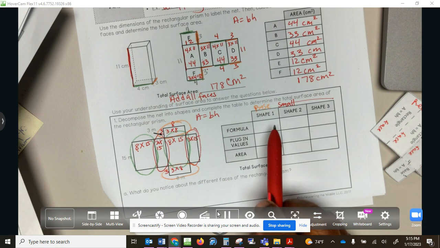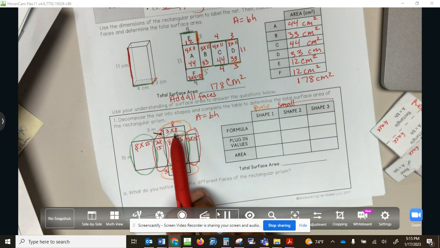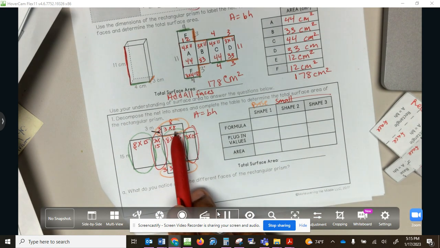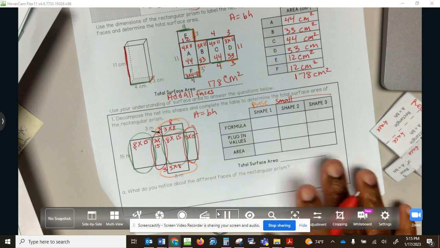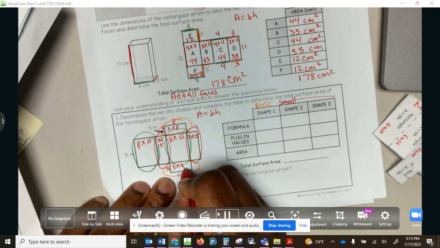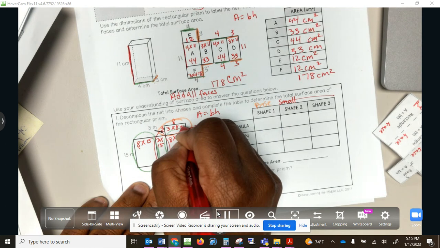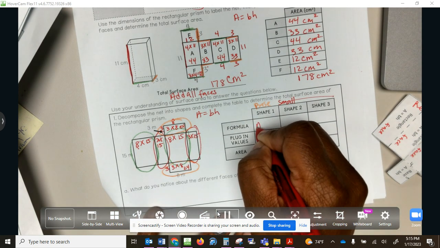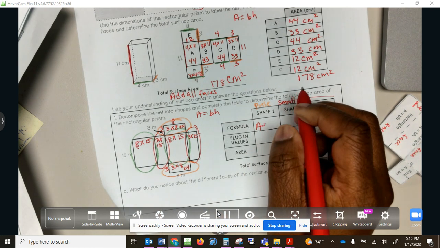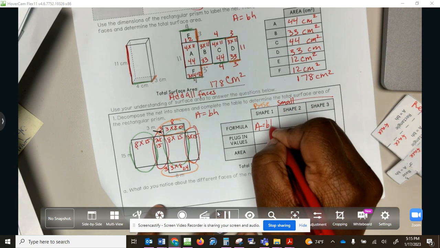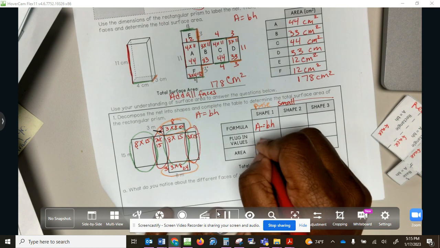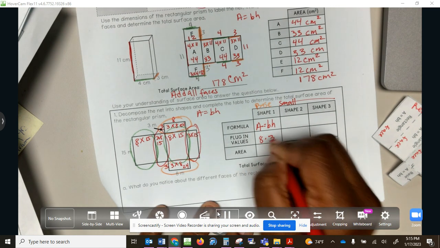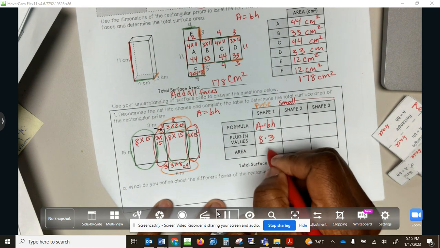And so when we think about the base, it is 8 times 3, which is 24. So each one of these is 24. So for each base, we're looking at area equals base times height. When I put the values in, I'm saying 8 times 3, which is 24.